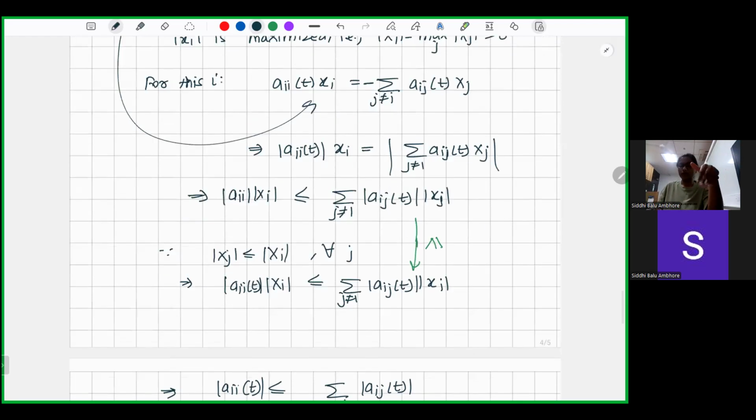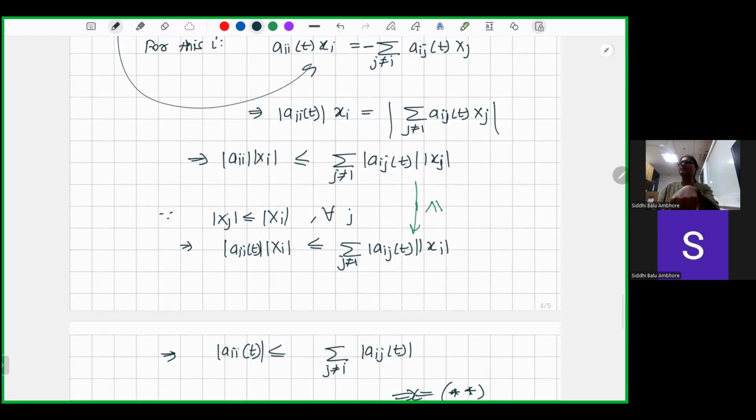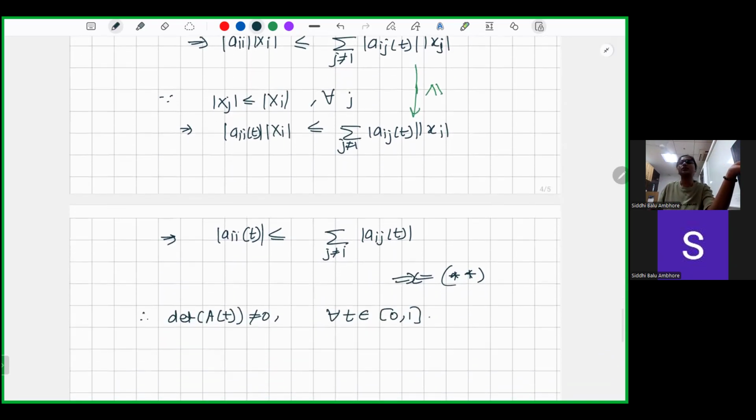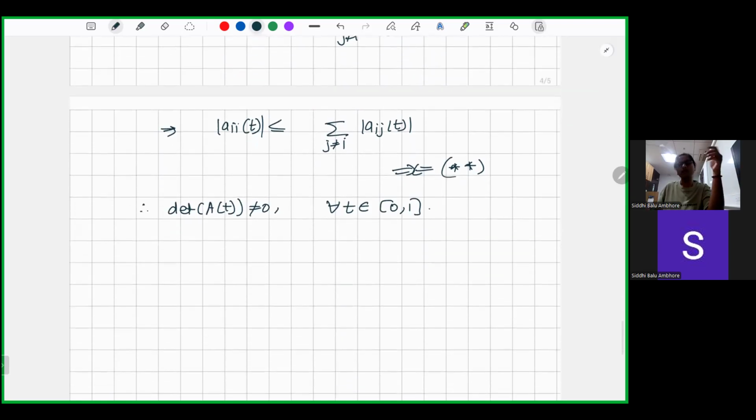The same argument, just drop this t, is the same argument we use to prove that the determinant of A is non-zero, and we are now using the same technique to prove that the determinant of A(t) is non-zero for each t.